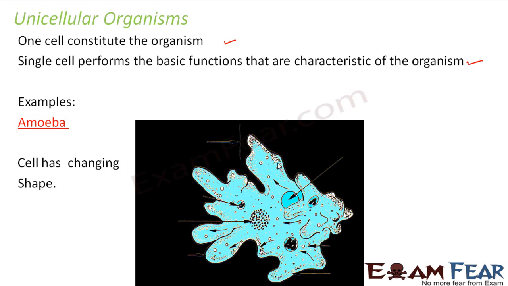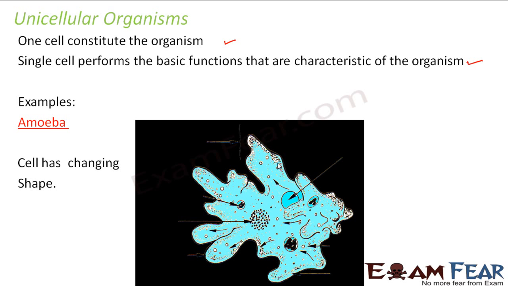It is generally found in marine regions, where you have water, or on the decaying bottom vegetation of freshwater lakes or ponds. If you go to the lowermost level of water in a freshwater lake or a pond, what do you see? You see so many plants and such things which are getting decayed. There also you see amoeba. So it is mostly found in marine regions.